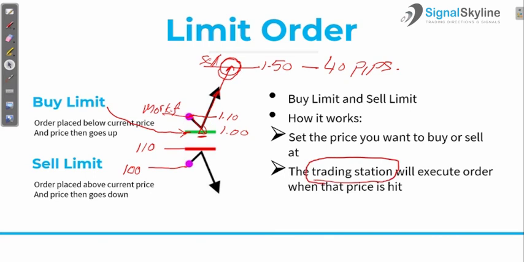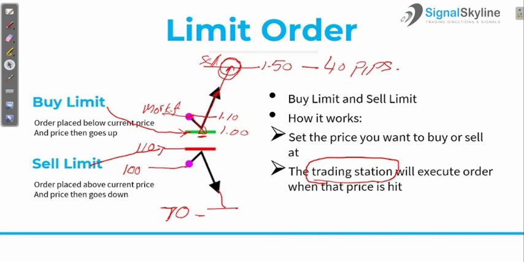So you can't be bothered to sit and wait. That's fair enough. Everybody's got things to do unless you're a day trader. So you place your sell limit at 110, and you put your buy limit at 70, for example.